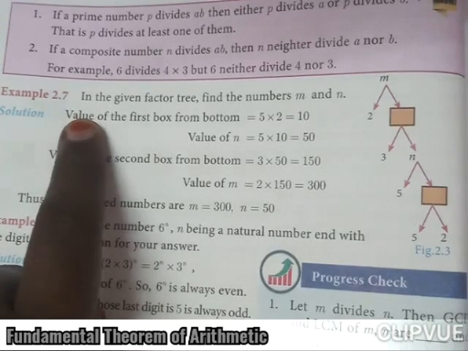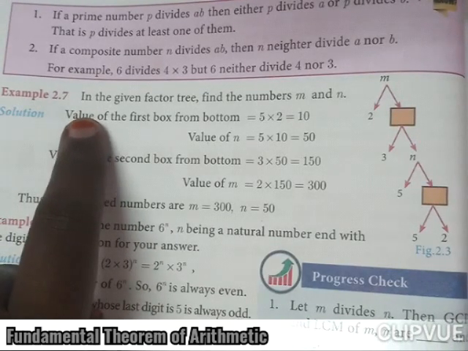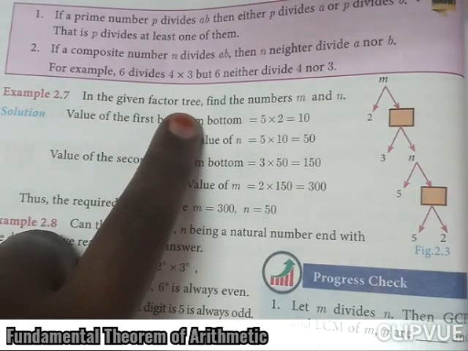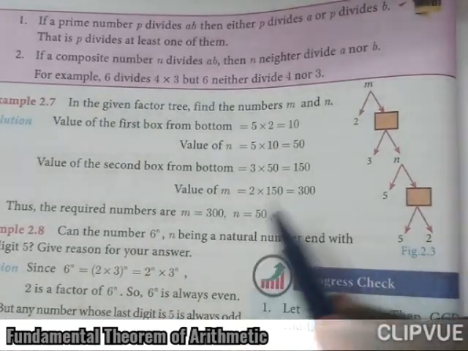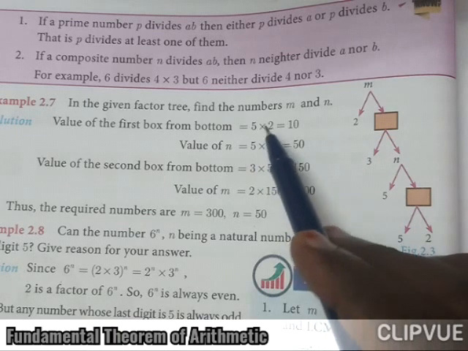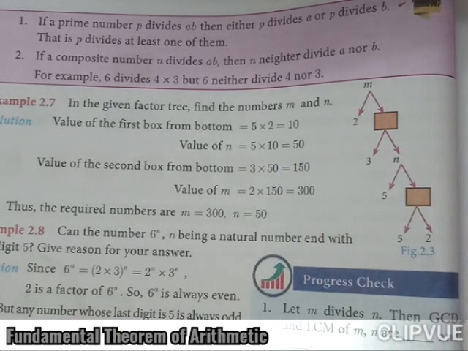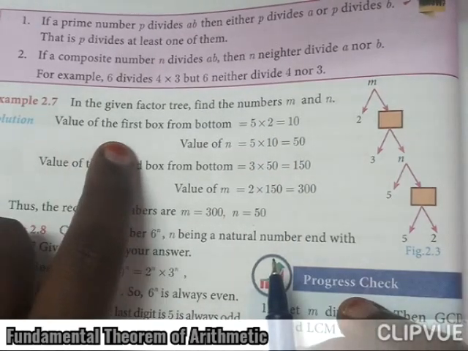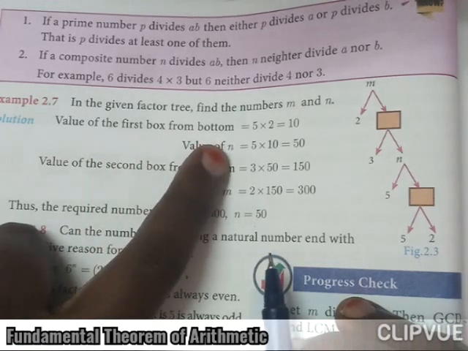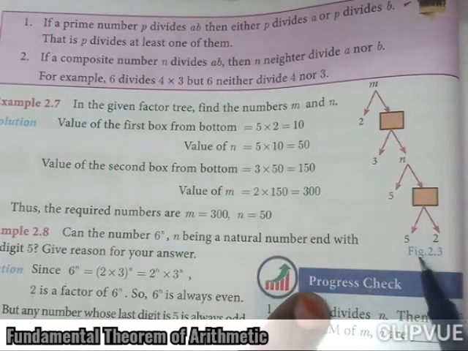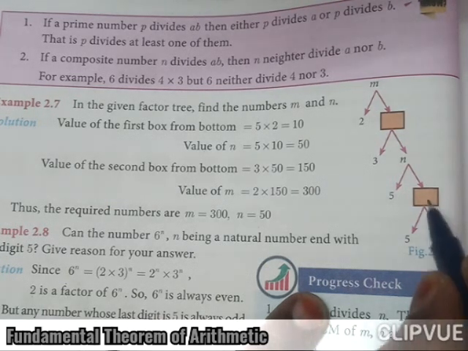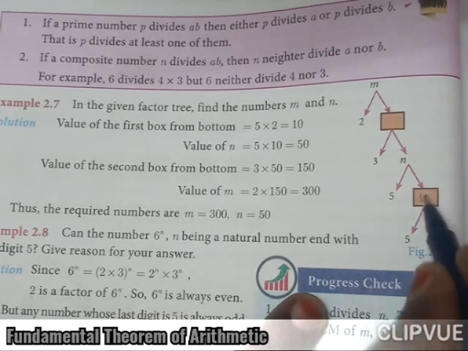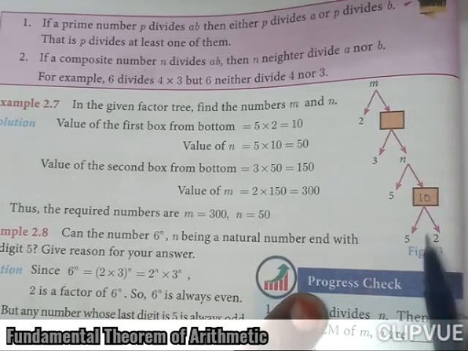Example 2.7. In the given factor tree, find the numbers m and n. Solution. Value of the first box from the bottom: listen properly, 5 into 2, so 10.